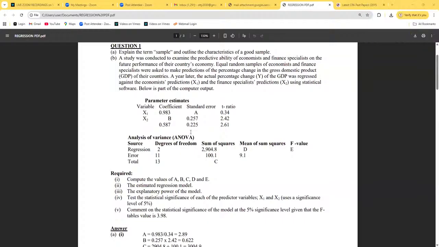So the second table, you can see it is now actually the gist of today's session. They have given me analysis of variance. We have source, regression, error, total. We have degrees of freedom, sum of squares, mean sum of squares. Then we have the F value. Here, they want us to give them the value of C, D, and E, just like it came last semester.